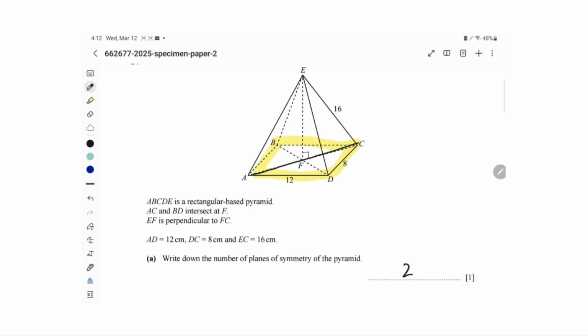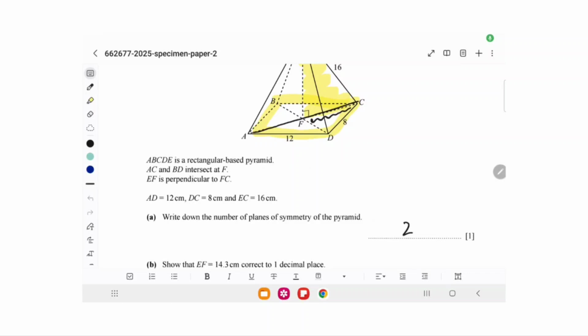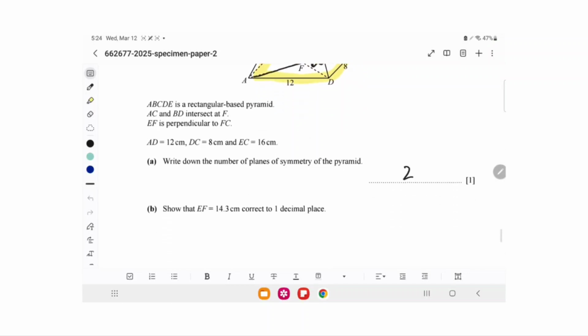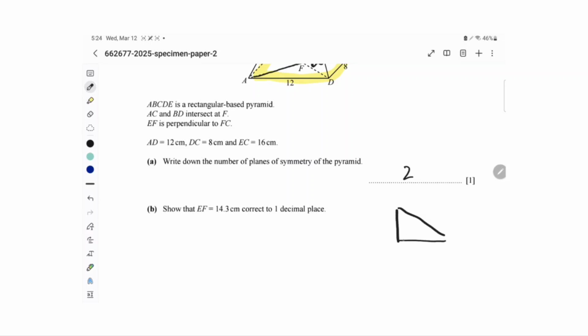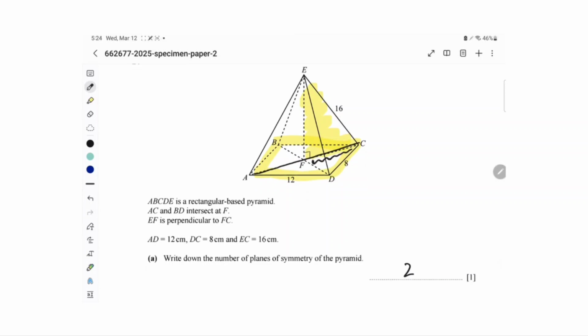This will help us, because we'll need half of the diagonal to find the height. So we'll take this rectangle. If we just see the triangle ADC, 8 and 12 are the length and width.